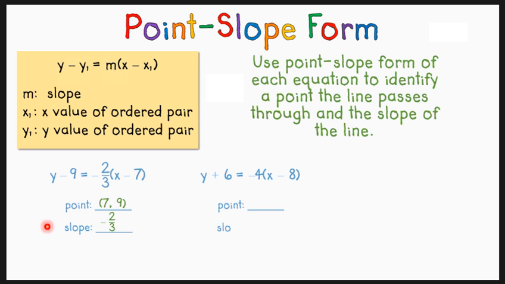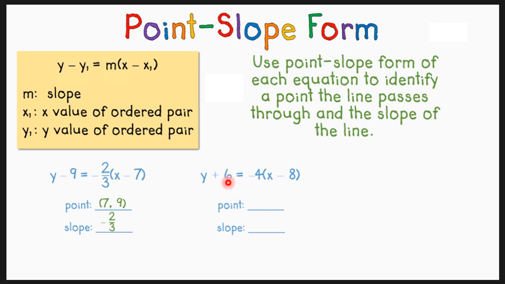Given the equation y plus 6 equals negative 4 times the quantity x minus 8, based on the point-slope form of the line, we have y minus y1. For this equation to be y plus 6, it would have to be y minus negative 6, for that minus negative to change to a positive.